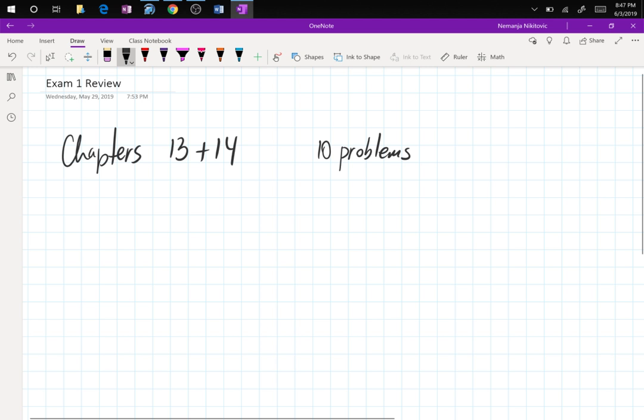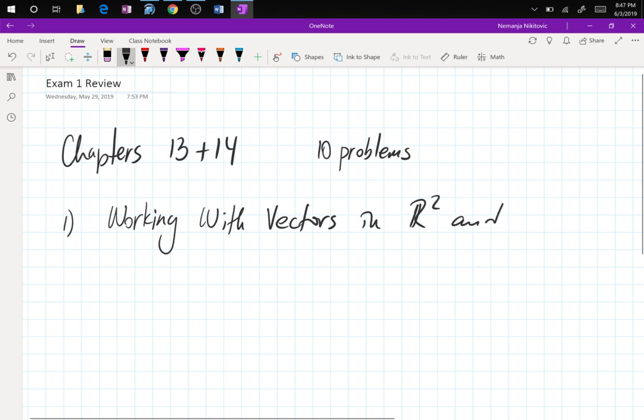And the topics and the ideas that, right, you really need to know. So, working with vectors in R2 and R3. Guys, this has a whole bunch of being able to graph the vector, being able to add, subtract vectors, all of that.